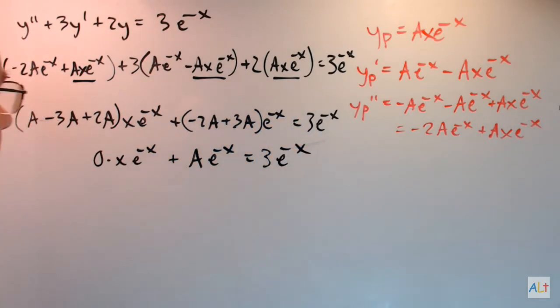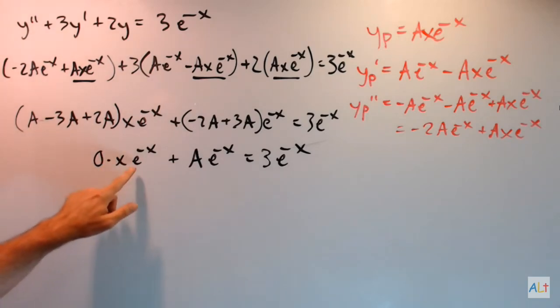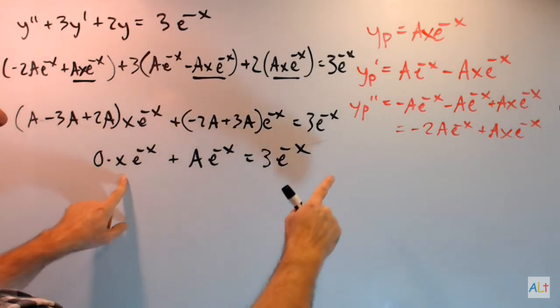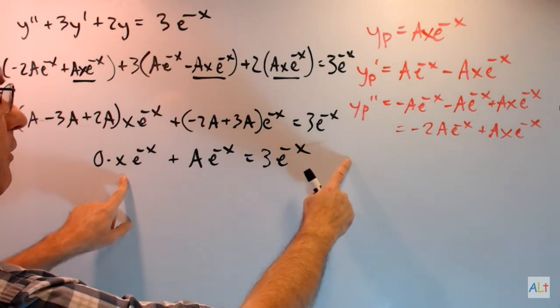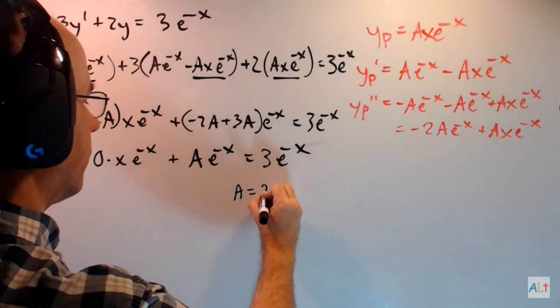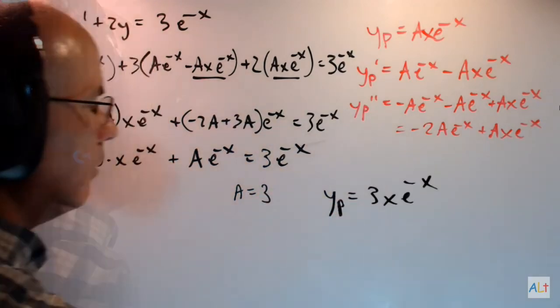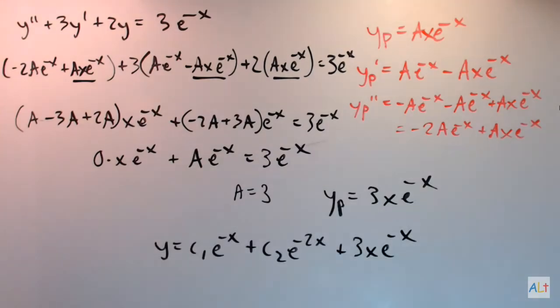And when we match up the left and right sides, everything is fine. We have a 0 on the x e to the negative x term here, which makes sense because there is no x e to the negative x term over there. And then we have an a matching this 3. So there's our particular solution, and there's our general solution.